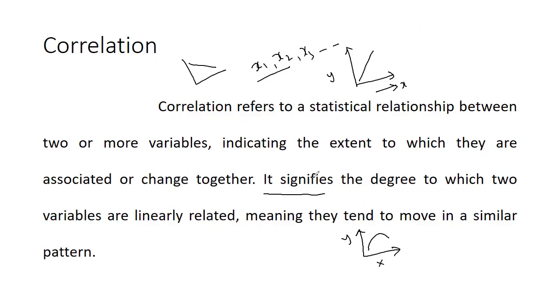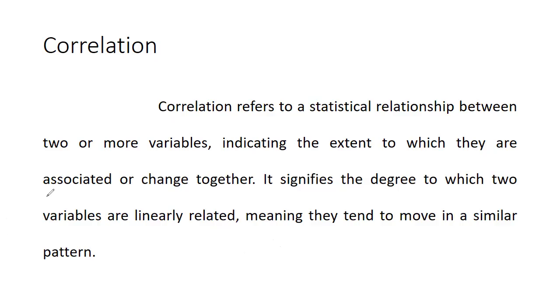Linearly related means they tend to move in a similar pattern. If we see an increase in variable x, variable y also increases. If there is a decrease in variable x, there is a decrease in variable y. So they move in a similar pattern.